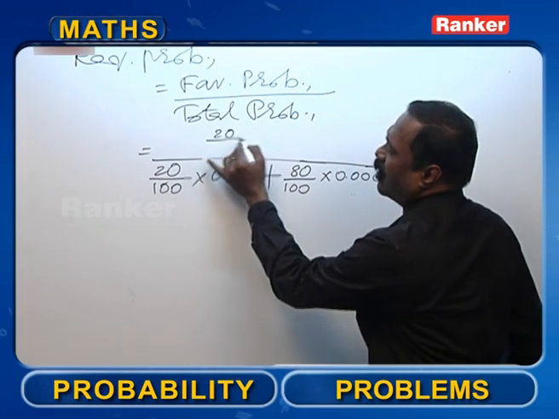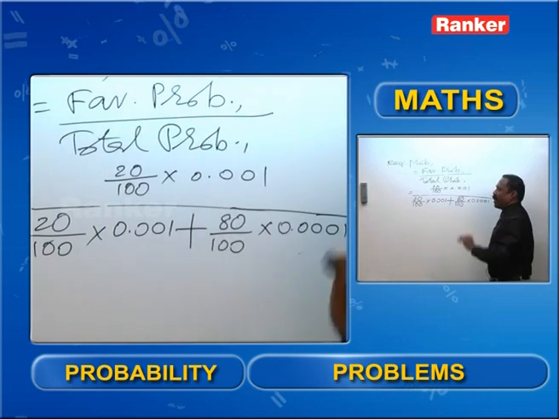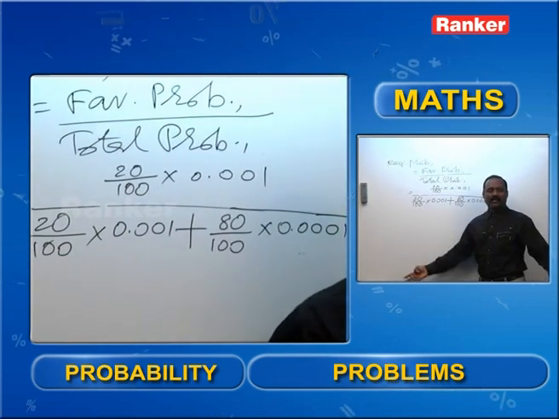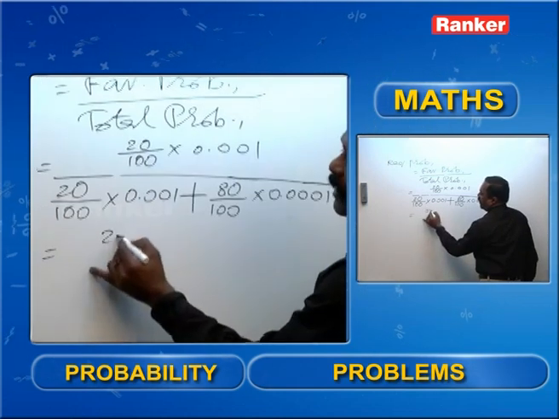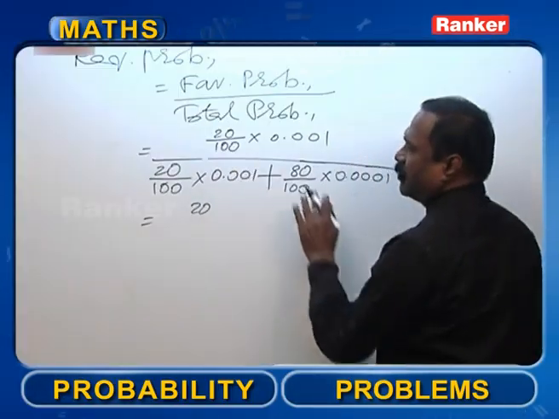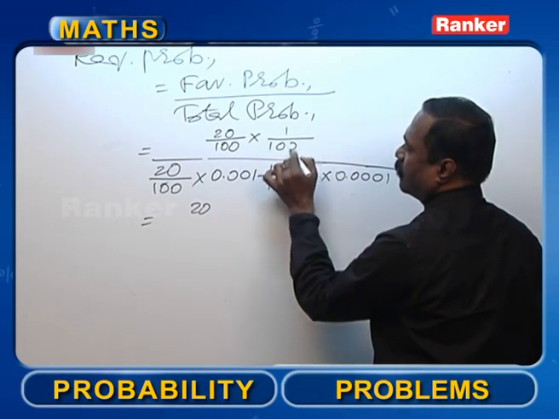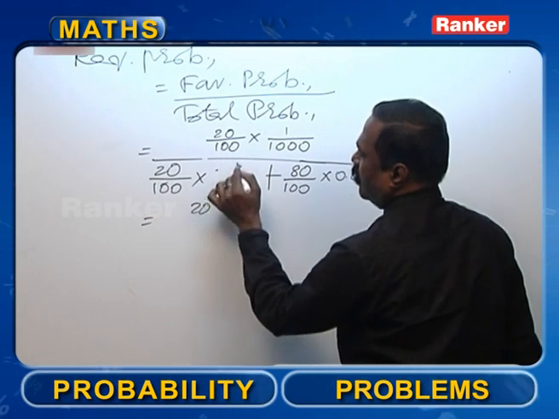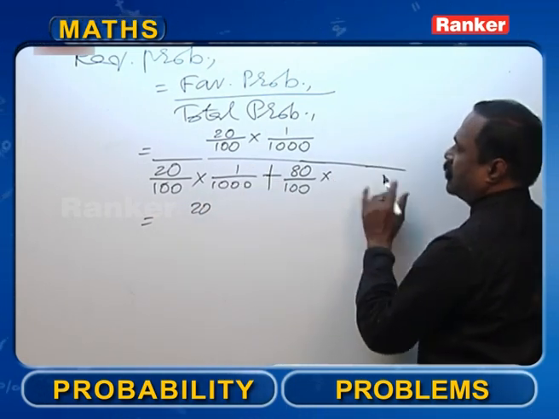So it is 20 upon 100 into 0.001. If you simplify that, you will get the answer. Let me write it this way: 20 by 100, and 0.001 means 1 upon 1000, and it is 1 upon 10,000.